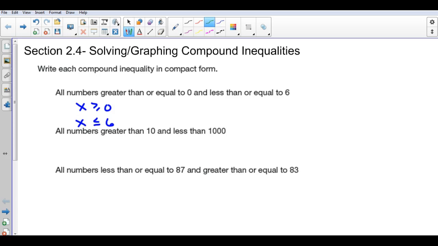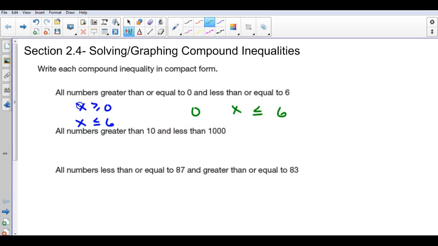When I write this in compact form, what you want to do is put your variable in the middle. Think about where 0 would be on a number line and where 6 would be on a number line. 0 would be to the left, 6 would be to the right. So if x is less than or equal to 6, what I'm going to do is bring that inequality over here. So this less than or equal to 6 shows right here.